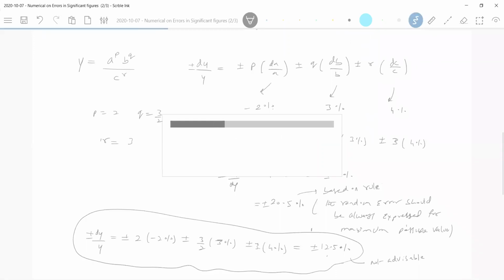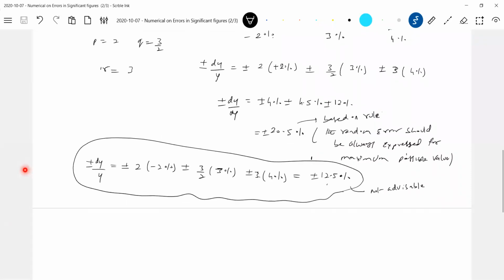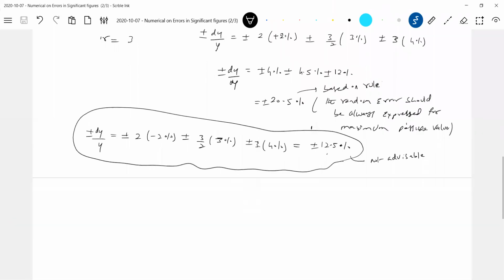Okay, got the idea? Now we'll go for the next. After getting these errors, we'll go for significant figures. I think you might already have come across it in chemistry. In physics, we'll try to give some suitable reason.